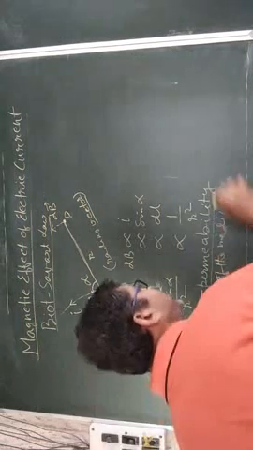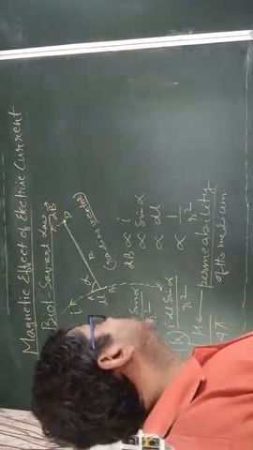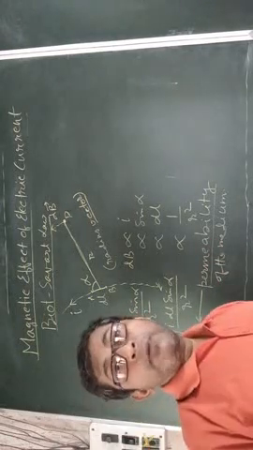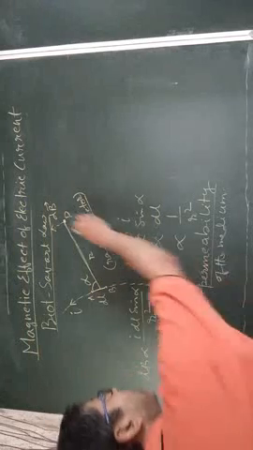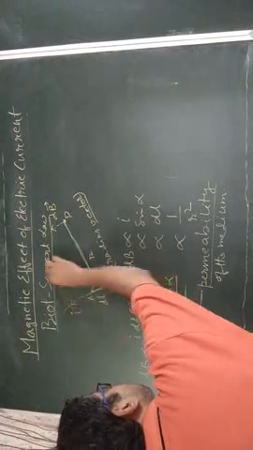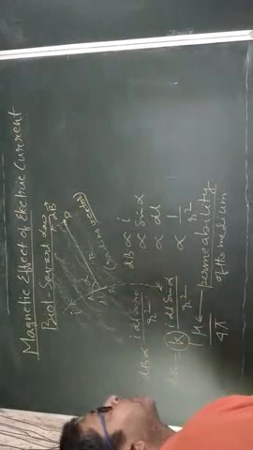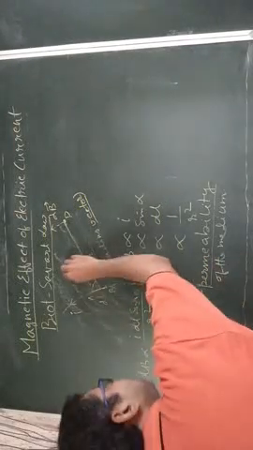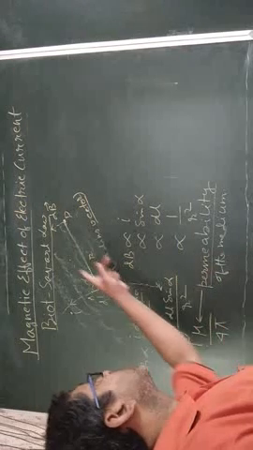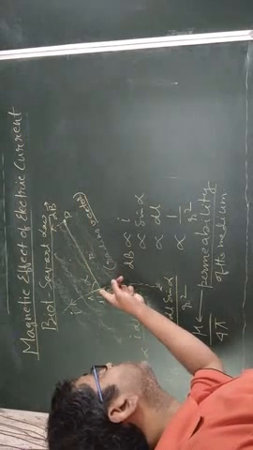What is permeability? It is very much identical to the permittivity, which we have read in the chapter of electrostatics. It is the capability of the intervening medium. Suppose here is the point and here is the current carrying conductor. So this is all the region where the magnetic field is produced around this conductor. And here, there is a medium. So this medium has the strength to allow the magnetic field to reach here.